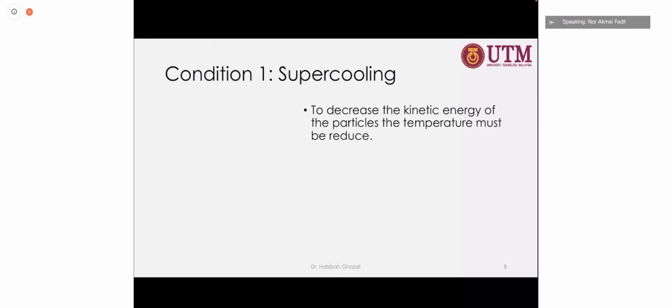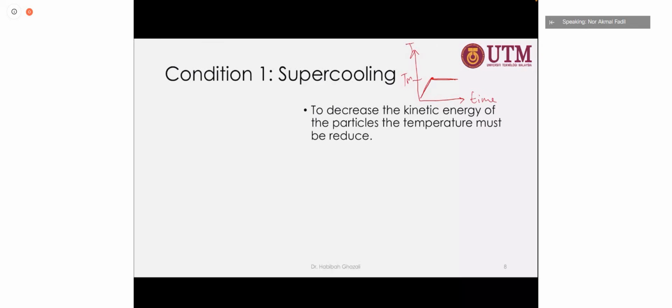As you know, if we heat our materials, we will reach the melting temperature. This is the temperature versus time cooling curve. When you increase the temperature, it will reach the melting temperature and start to destroy the bonding between the atoms. At this point, even if you keep heating, the temperature does not rise.